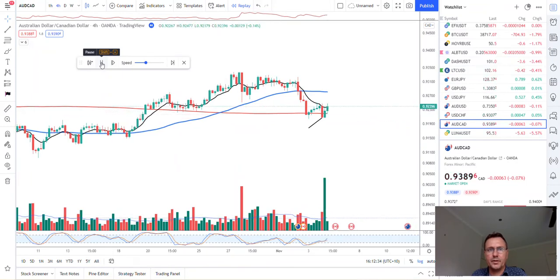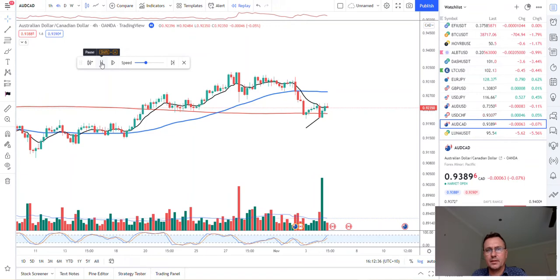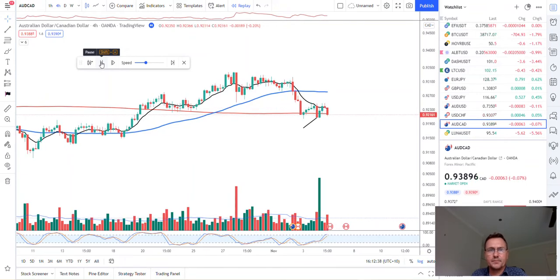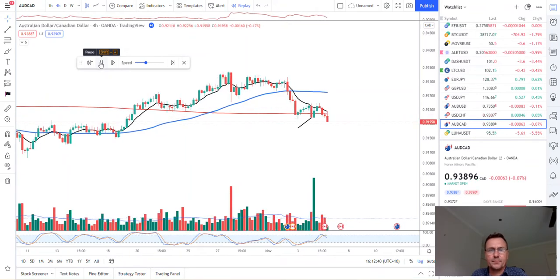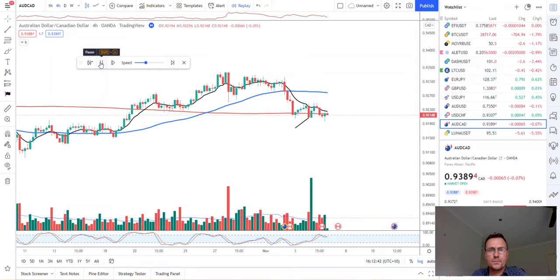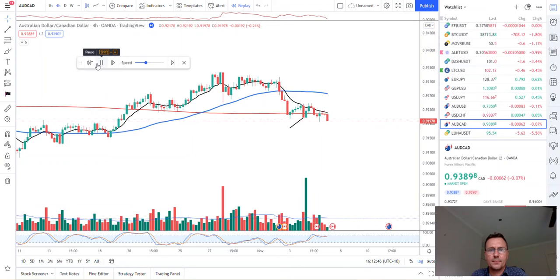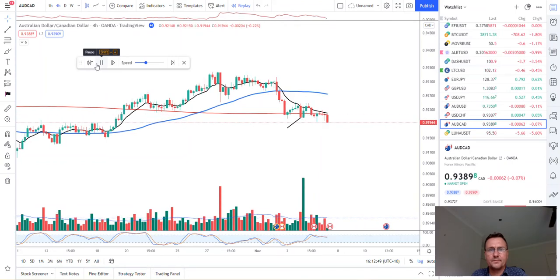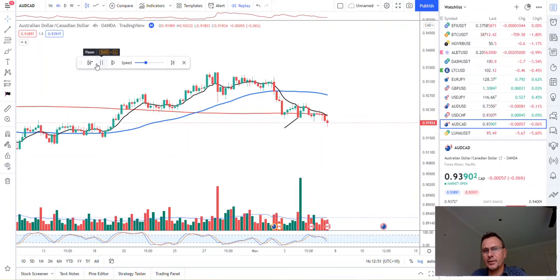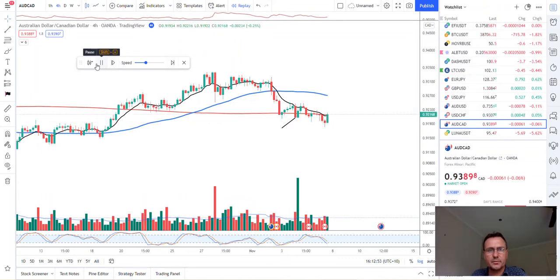Been a bit of a wild, tricky sort of market, this one. Yeah, now above the 200. Sideways, but we are making a little bit lower lows, so it's a little bit better.